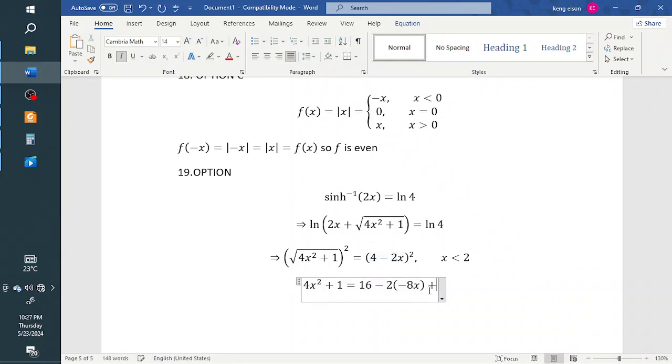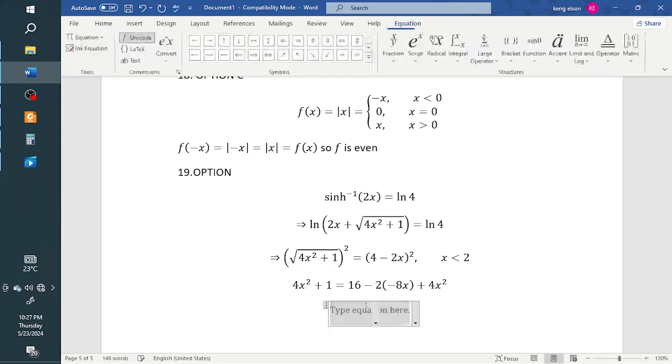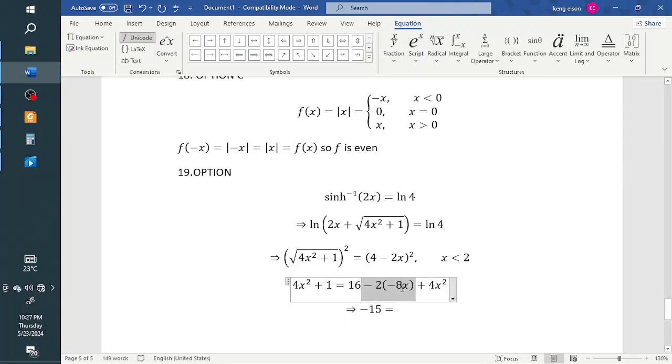Then when we square the other term, we have 4x squared. Now 4x squared cancels 4x squared. I'll subtract 16 on both sides. I will get negative 15 equal to 16x.